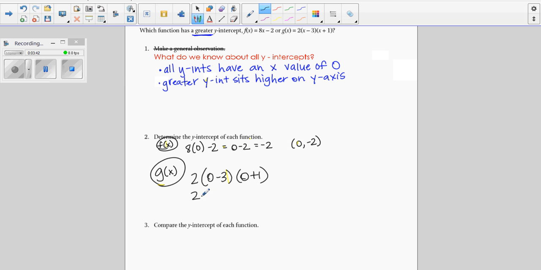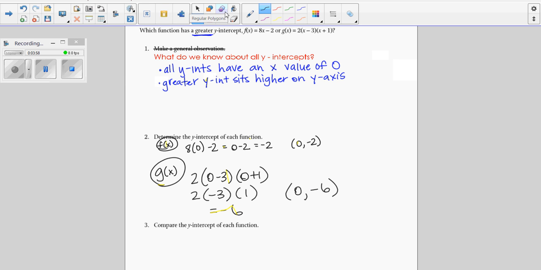So 0 minus 3 is negative 3, and 0 plus 1 is 1. 2 times negative 3 is negative 6, times 1 is negative 6. So you end up with (0, negative 6).